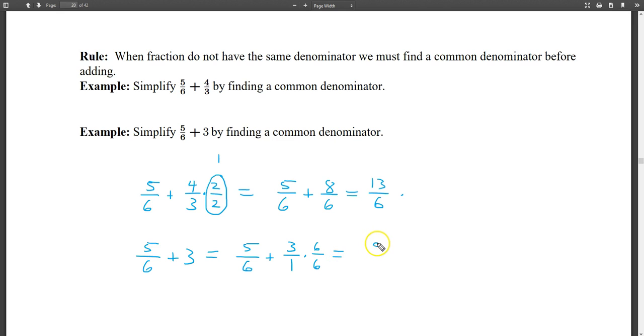And then this becomes 5/6 plus 18/6. And then we just have to add 5 plus 18. That's going to be 23 divided by our common denominator, 6. And there's our answer. So that's what you have to do when the fractions don't have a common denominator. You have to make one of them common.